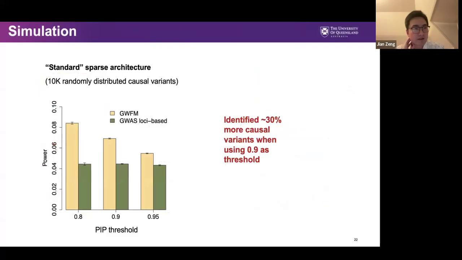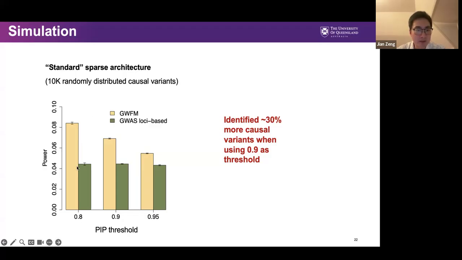The first result uses simulation to demonstrate the benefit of doing genome-wide fine mapping versus fine mapping restricted within the GWAS loci. Here we do a simulation under the standard sparse genetic architecture, so we randomly sample 10,000 SNPs as causal variants.